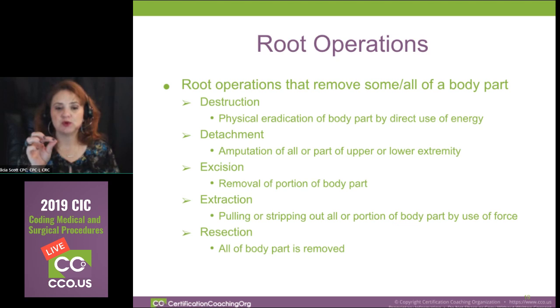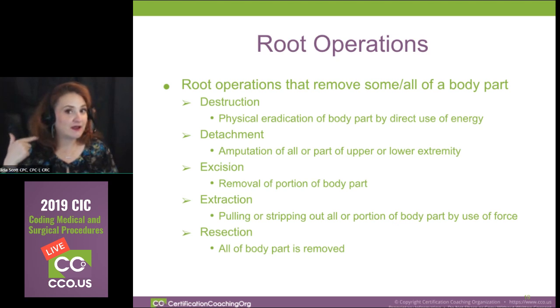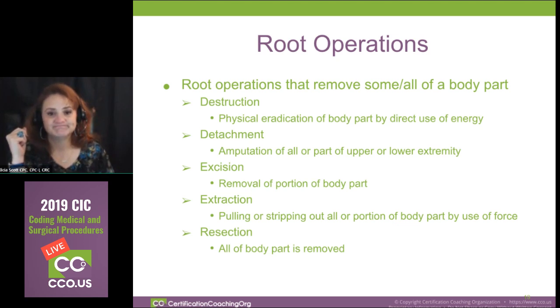If we're removing the ear, that's a portion of a body part. If we're removing the tip of the nose because there is a skin cancer right here, that's an excision. So what's the difference between an excision and an extraction?